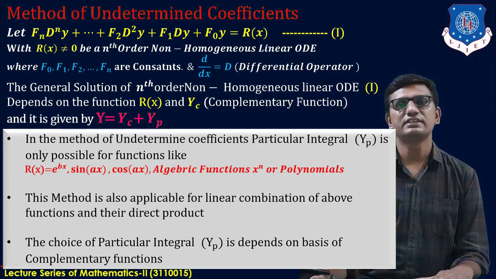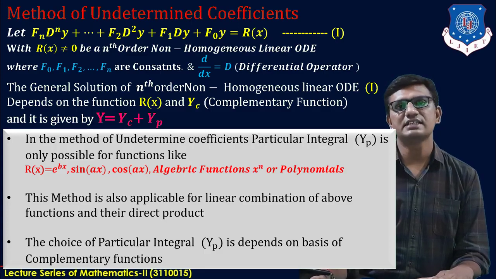Here the basis of yc are actually particular solutions of the corresponding homogeneous differential equation fn d raised to n up to f1 dy plus f0 y equal to 0. First of all, we convert our differential equation into the corresponding homogeneous differential equation and find yc.